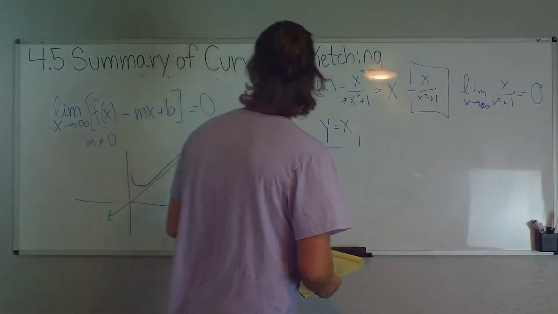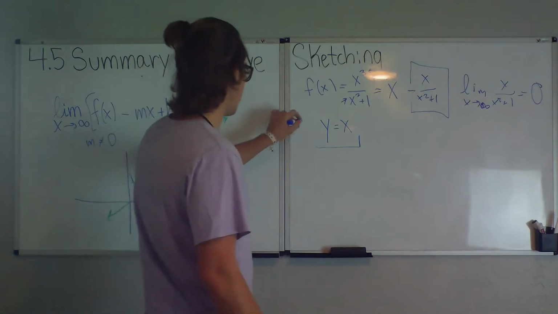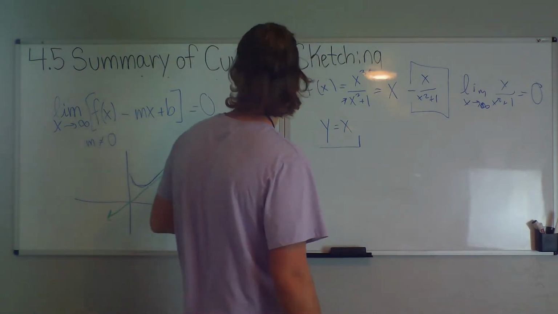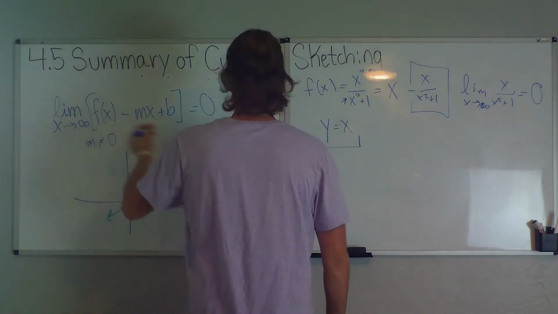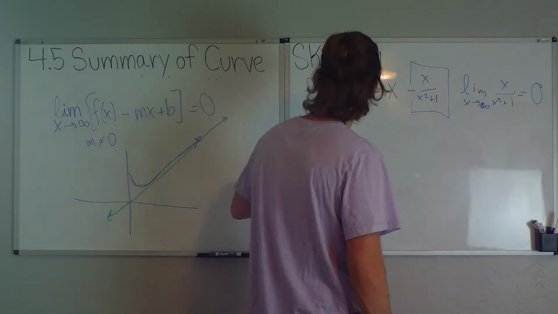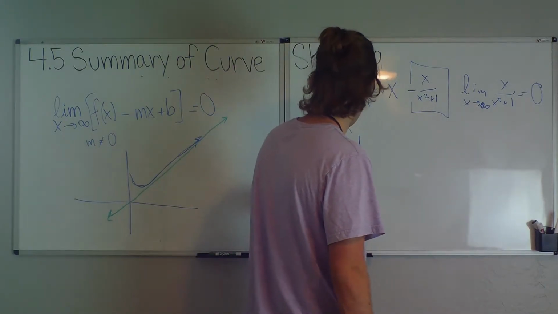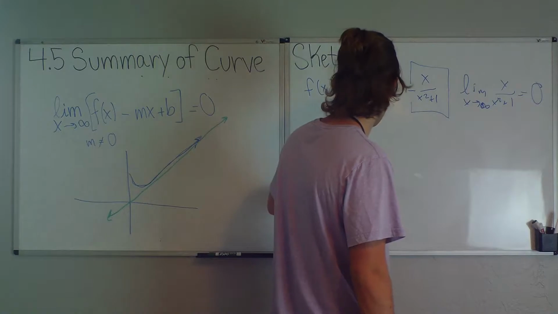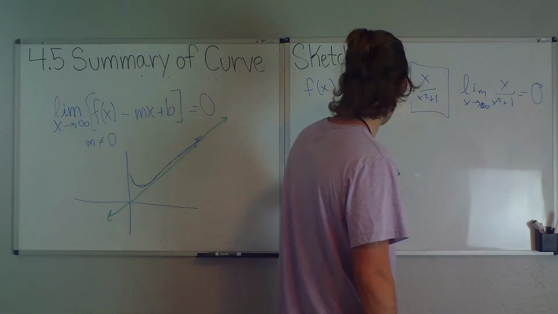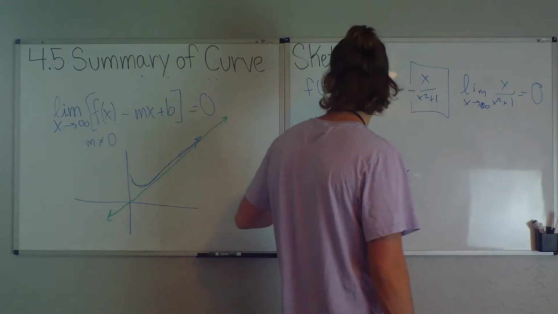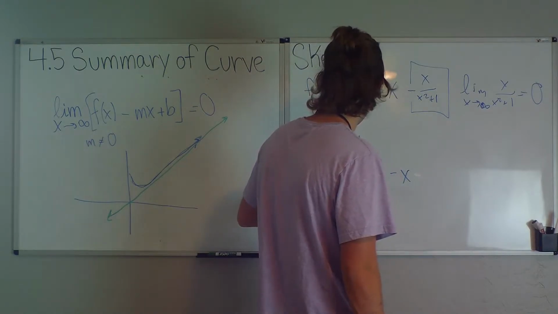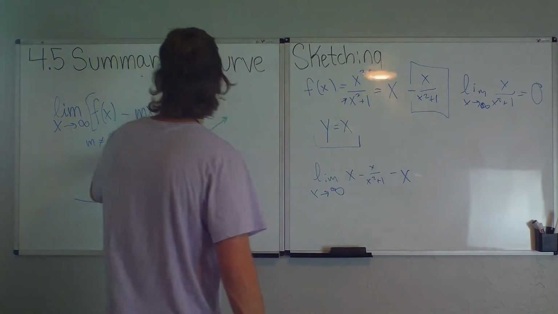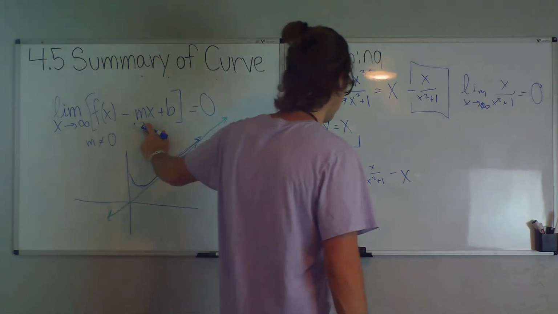And then we can see that this is our slant asymptote, because if we were to take the limit of f of x minus x, which is x over x squared plus 1 minus x, as x approaches infinity, and our b is 0 in this case, our m is 1.